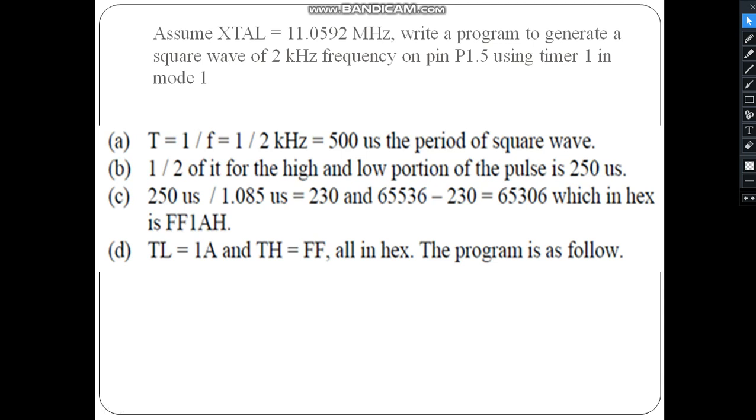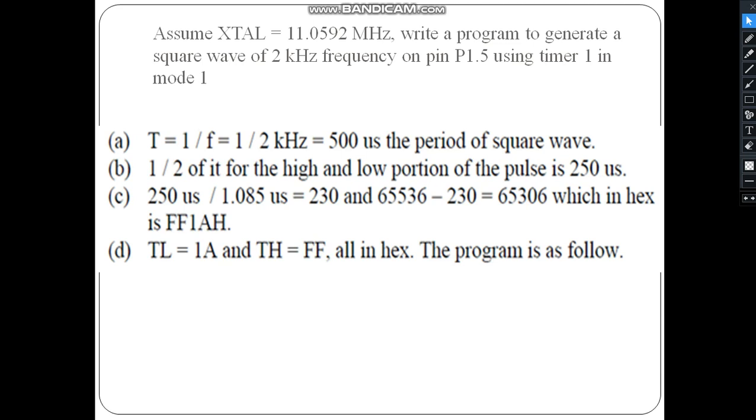This is the value in decimal. This value has to be loaded into the THTL register, or if you convert it into hexa, the value is FF1A. So FF has to be loaded into the TH register, that is the upper byte, and 1A, the lower byte, is loaded into the TL register. With this, the computational part is complete.